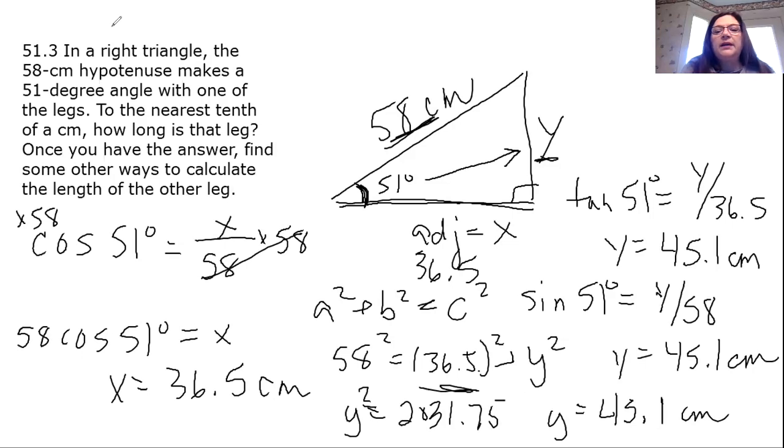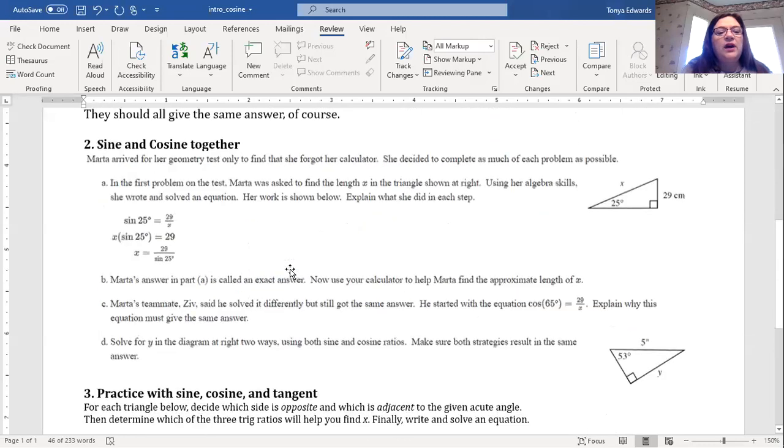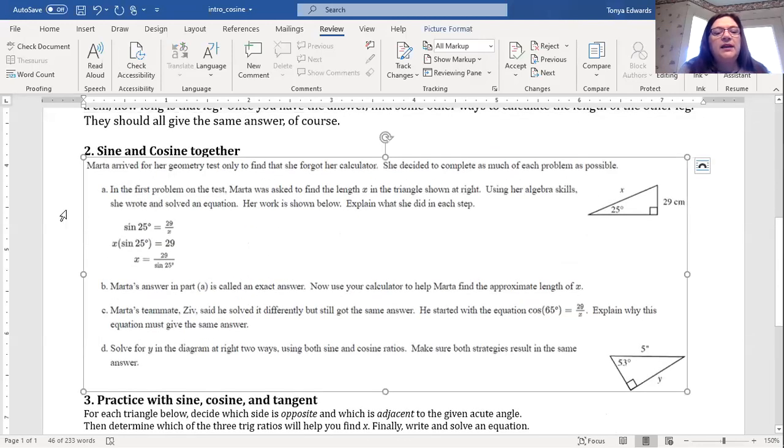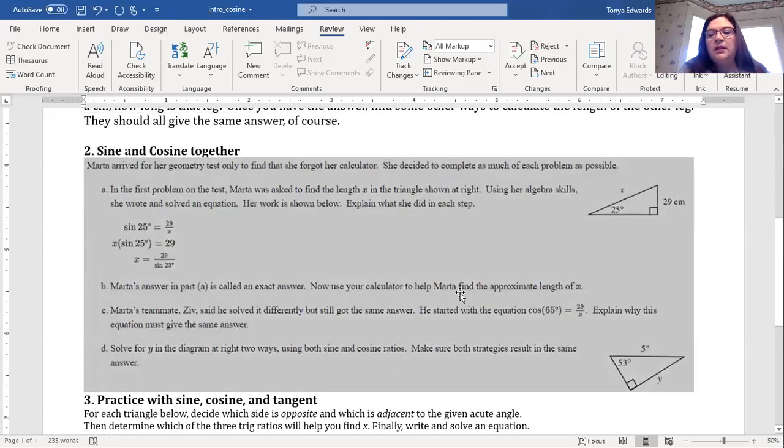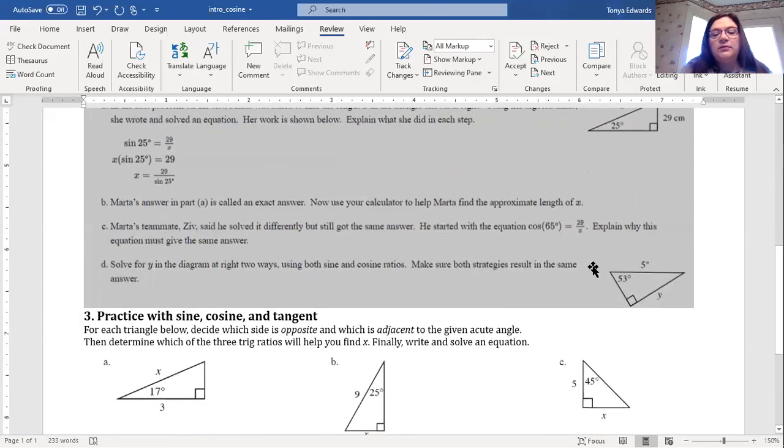So I'm going to go back to the document that I have available for you. We've got a problem that has both sine and cosine together. You'll first look at sine, and then they ask you to solve another problem using both sine and cosine.